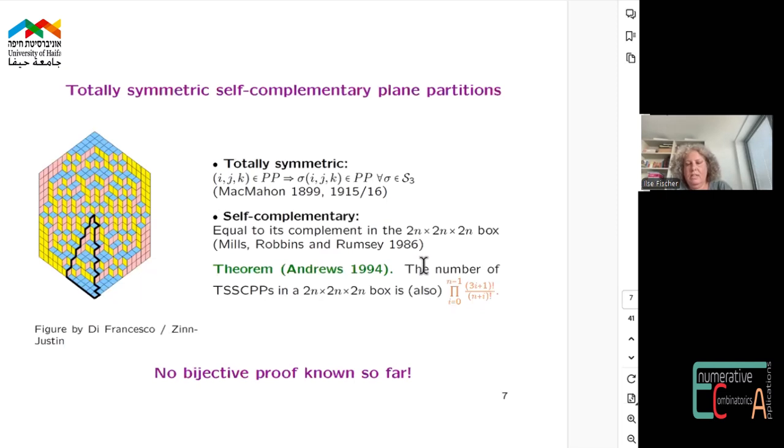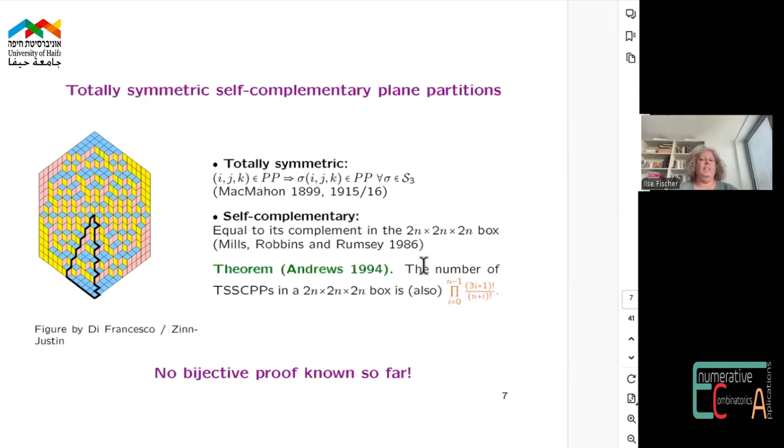Sorry to interrupt. I'm not quite sure. I think MacMahon did symmetric plane partitions, or maybe Andrews, and Macdonald did totally symmetric. Yes, but MacMahon defined everything. No, he did not prove the formula. I totally agree. I think it's Andrews and Macdonald: for symmetric it was Andrews, and for totally symmetric it was Macdonald.